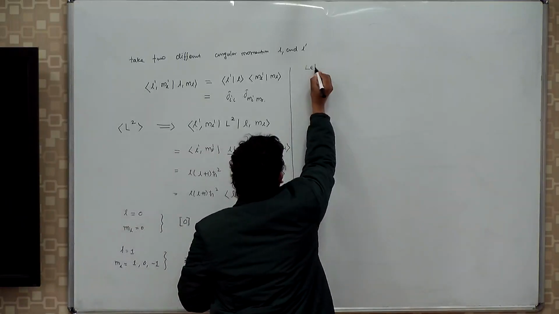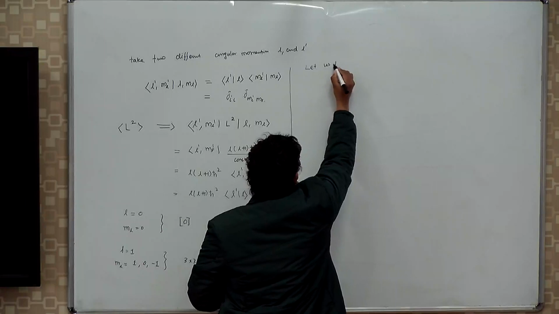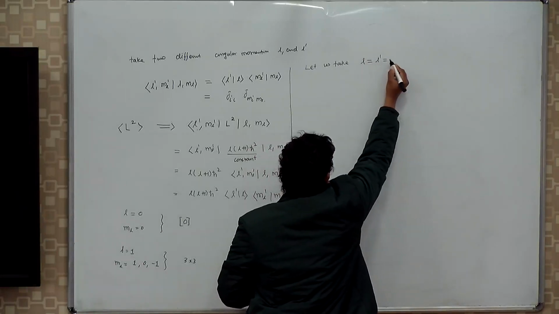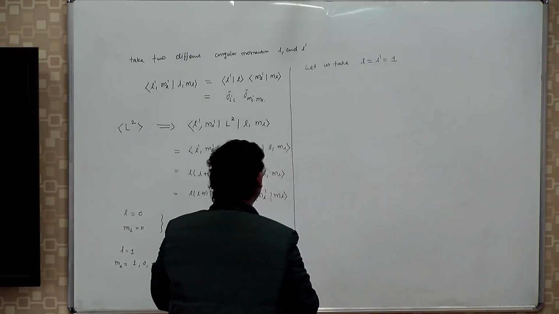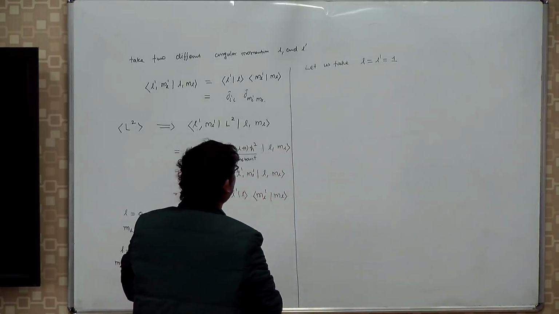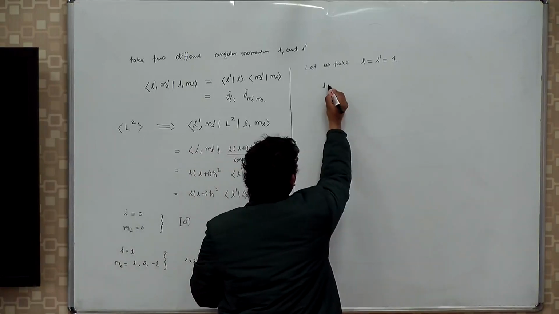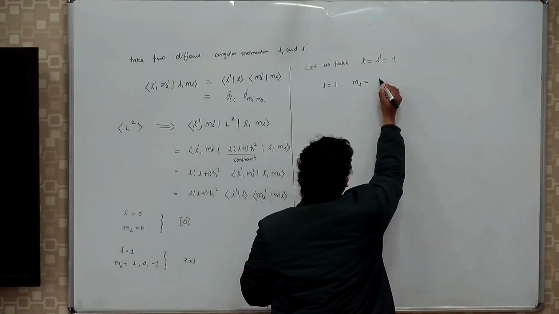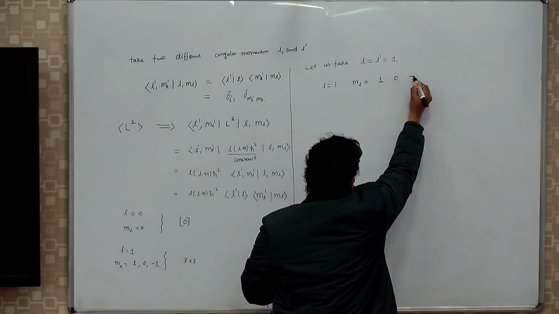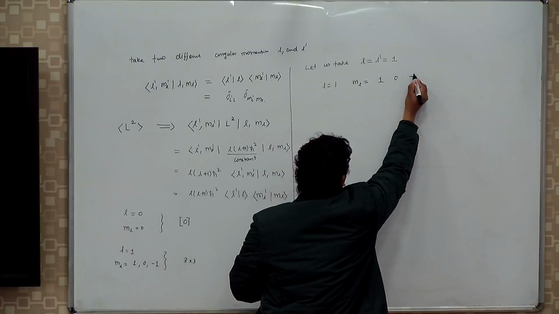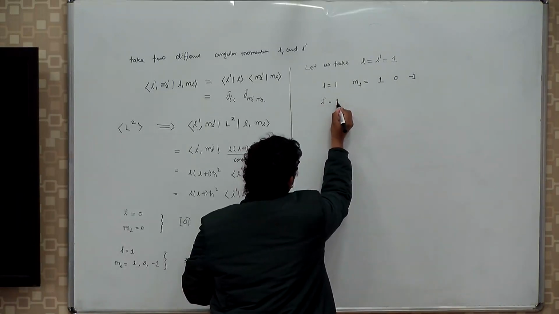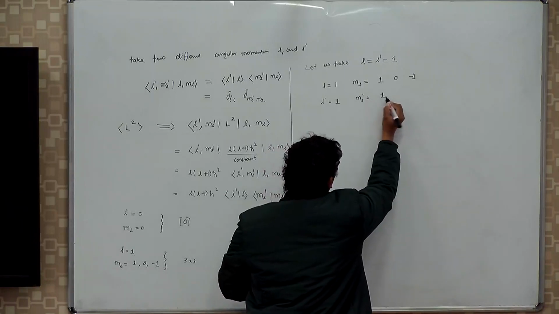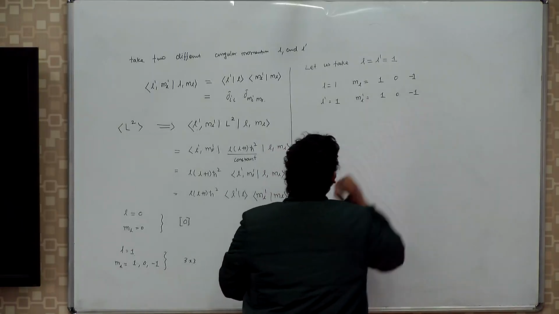Let us assume the value of L and L dash is nothing but 1. If the value of L equals 1, then M L is also 1, 0, minus 1. When the value of L dash is equal to 1, then M L dash is also 1, 0, minus 1.